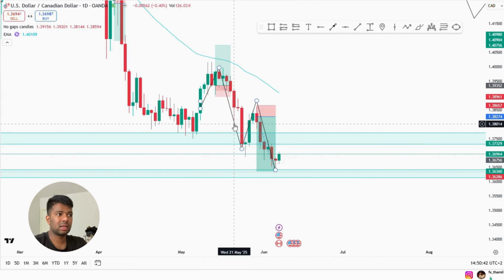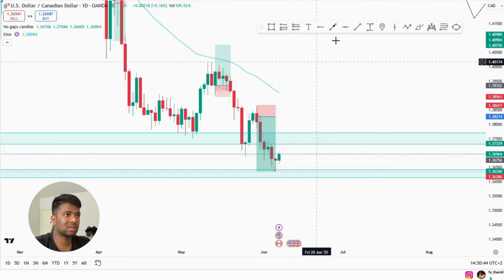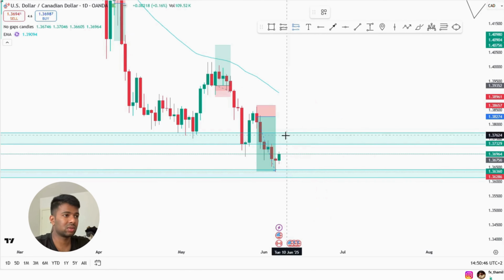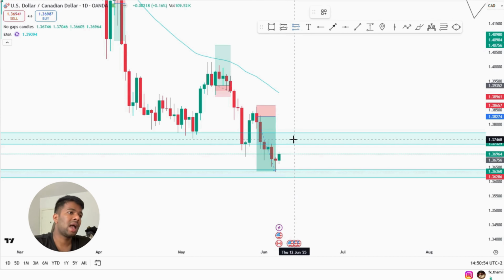And another thing is, do I sell this pair as soon as it gets to this area of interest and as soon as it creates the lower high? Not exactly, because as I mentioned before, you need a lot of confluences. Right here, when the price gets to my area of interest, I need an entry confluence.